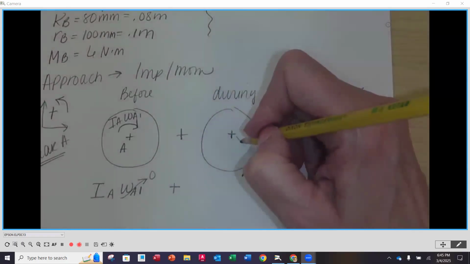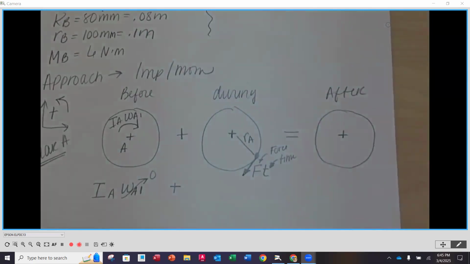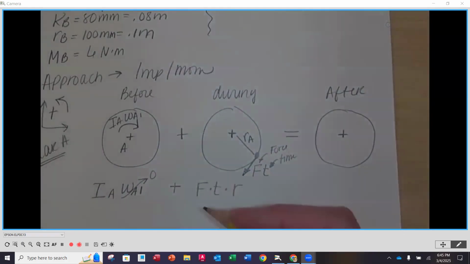And then it's going to be at a radius A. So we're going to have force times time times radius. So the force times the radius is the moment times the time. And we usually see force and time together on an impulse. That's why they're together. So it's the moment, force times radius times the time. And this would be radius A.